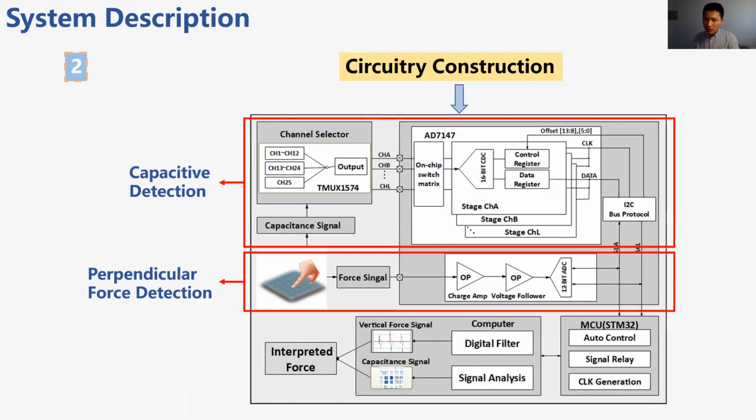The perpendicular force detection circuit is mainly a charge amplifier, because the force detection layer will generate electric charge on the upper and lower surface. The charge will be amplified and converted by the charge amplifier to become a voltage quantity, which is converted into a digital quantity via the ADC.